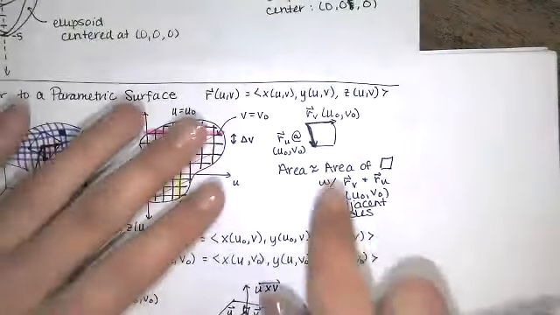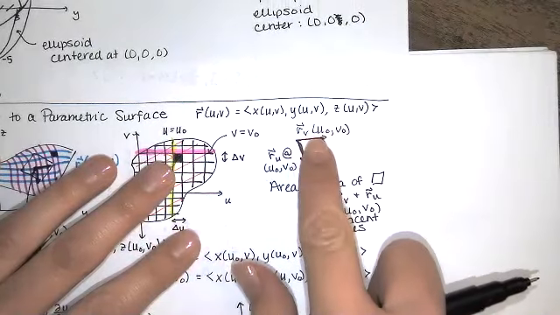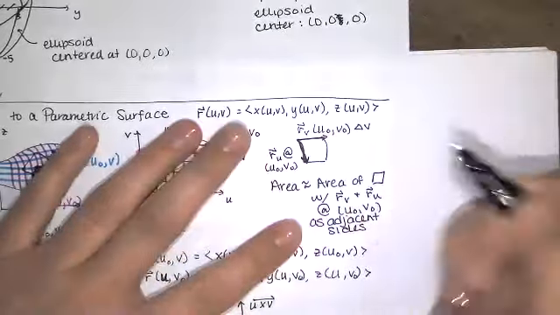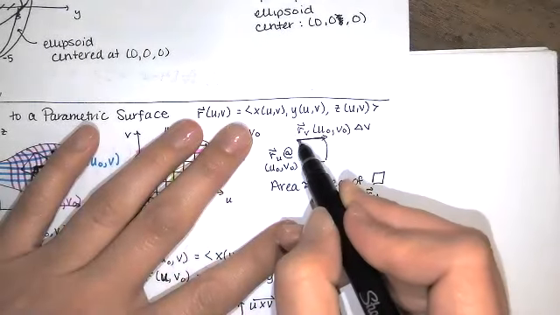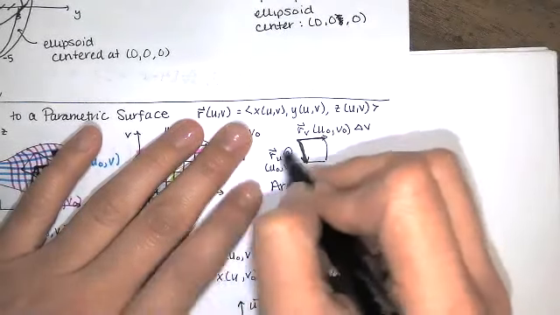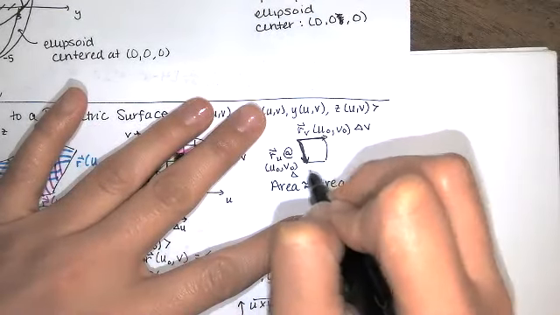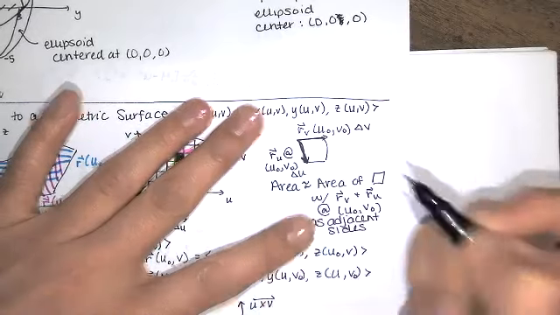Oh, actually, that's not quite right. It's going to be the partial of r with respect to v at u naught v naught times delta v. And this is the partial of r with respect to u at u naught v naught times delta u. That's better.